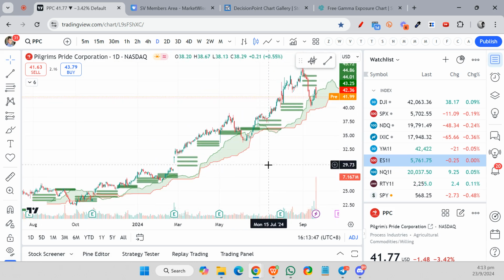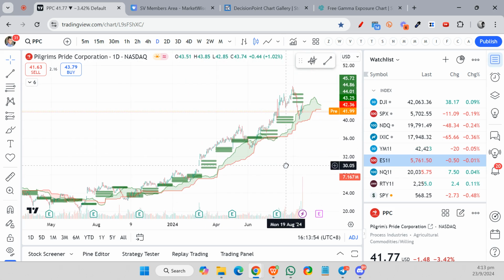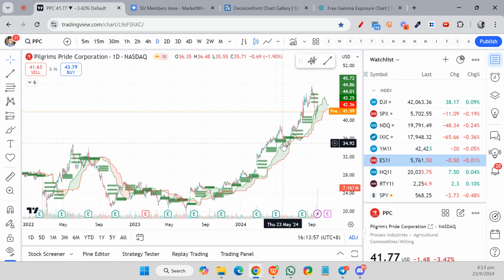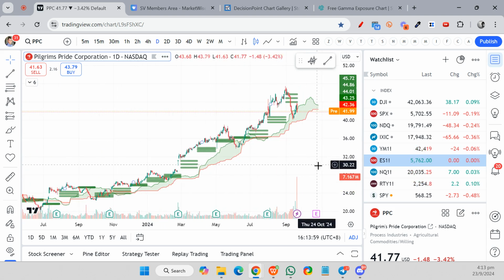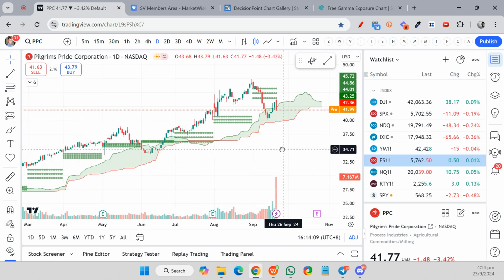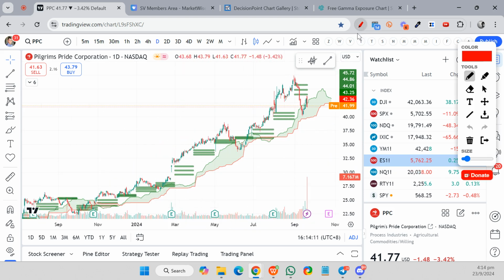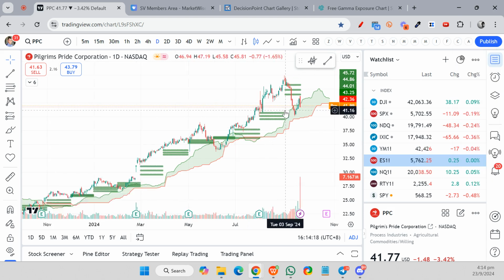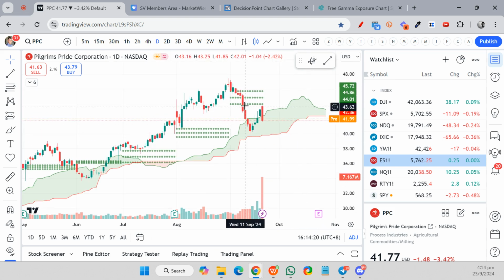To be honest, I have not heard of this PPC stock, Pilgrim's Pride Corporation, but I can see that it is in a pretty nice uptrend since late 2023. So it was in an uptrend, suddenly going higher and then higher and higher. It seems like a blow off top over there. Previously it was pretty well supported above the CPR, at the cloud support. Right now, for many months, it was really below the central pivot range.